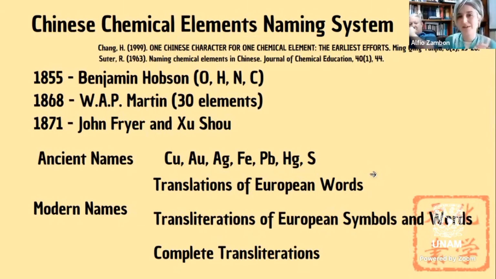So there were missionaries that were carrying all this knowledge of Western medicine in contrast to Chinese medicine. And that's how, at the late period, at the ending of the Qing dynasty, this knowledge and elements entered China.